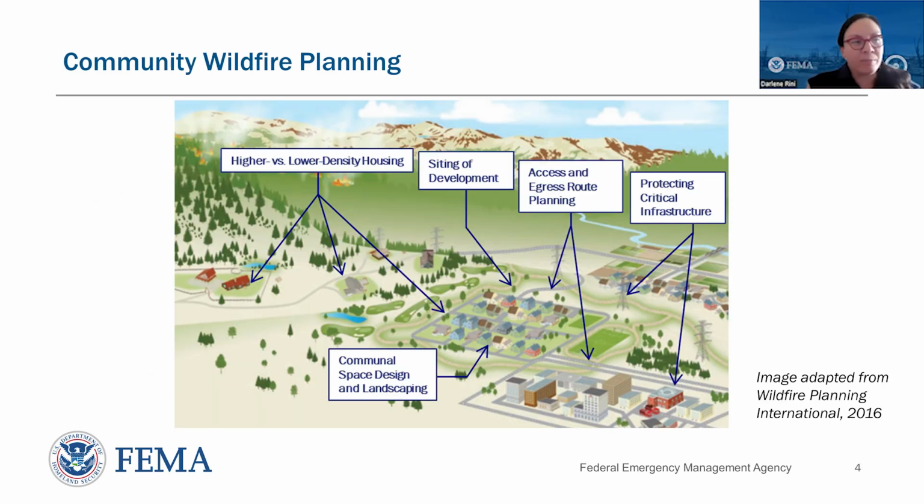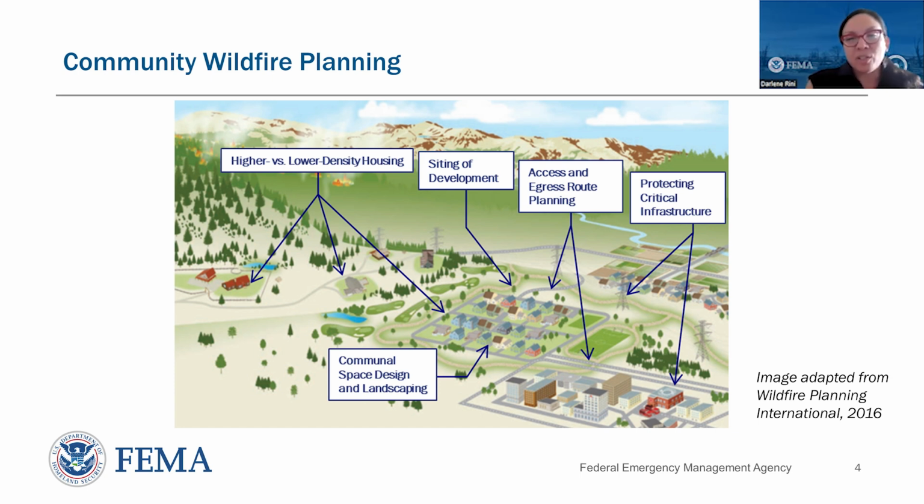For community wildfire planning, there are a number of topics and concepts we need to think about when we're trying to not only understand wildfire threats to our communities, but also to better mitigate against them and develop strategies to help reduce those risks.